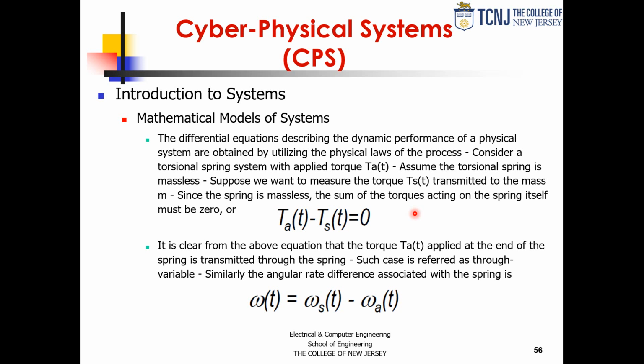Similarly, the angular rate that results in the spring as a result of that torque being applied at one end of it, we can think of it as an across variable. So in EE or computer engineering, we're very familiar with our own through variables and across variables. Namely, we have current, that's clearly a through variable, and we have voltage, that's clearly an across variable, and that's even how we measure it.